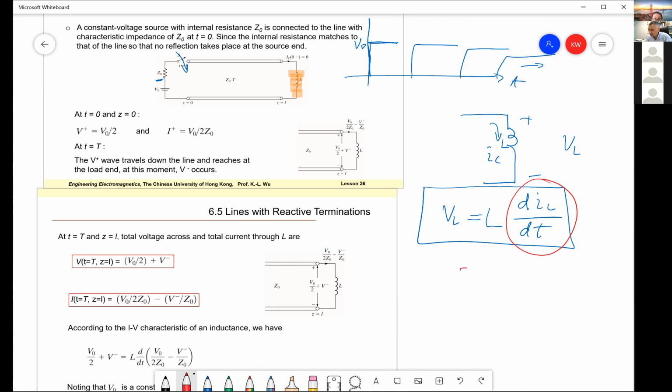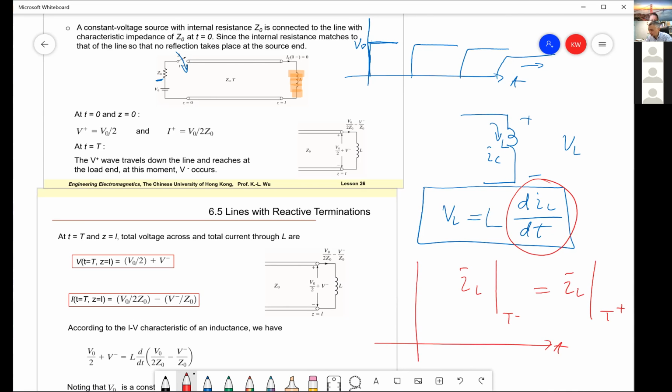That means the current at t minus equals the current at t plus.